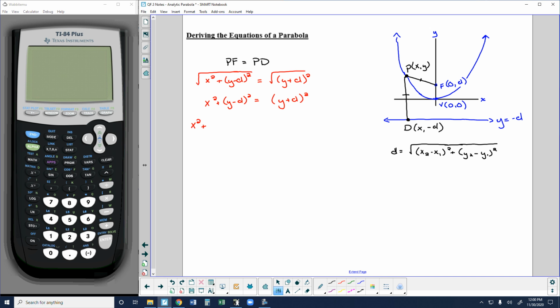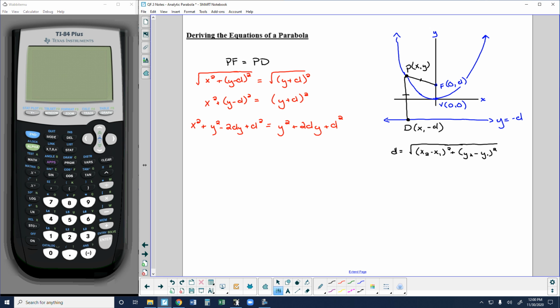If I square y minus d, I would get a y squared, and I would get d squared, but I'd also get minus 2dy. So I'd have x squared plus y squared minus 2dy plus d squared. On the other side of the equation, I just have to square y plus d. So that would give me y squared plus 2dy plus d squared.